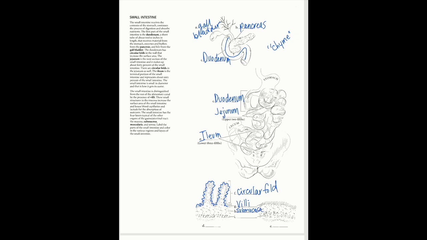And then because your small intestine consists of smooth muscle, we have the muscularis. And then just to make note here, the circular fold is only found in the jejunum. Once you get into the ileum, those circular folds disappear.